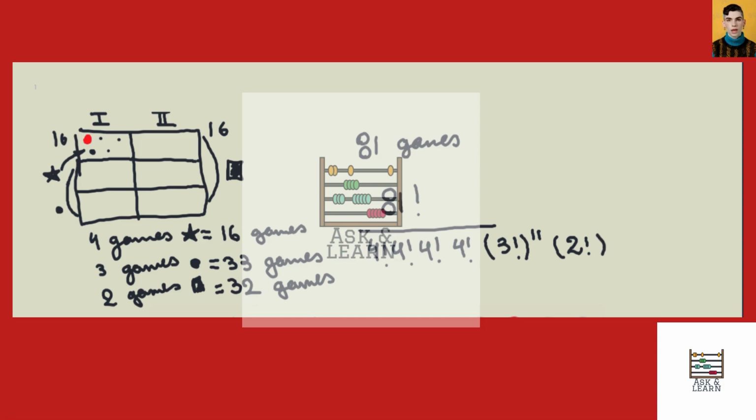So 2 factorial to the 16. So that's going to be our result, 81 factorial over 4 factorial to the 4, 3 factorial to the 11, and 2 factorial to the 16. And that's all the combinations that we can make.